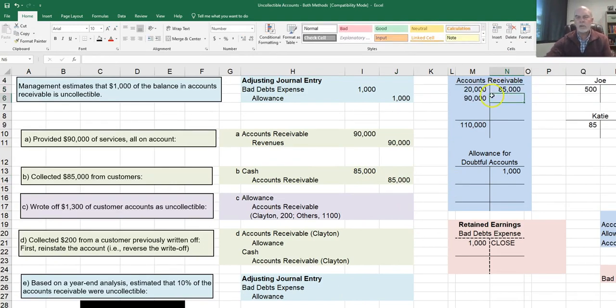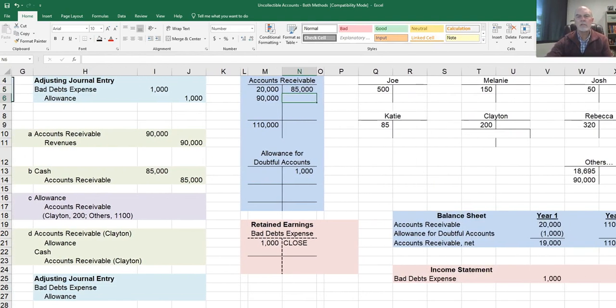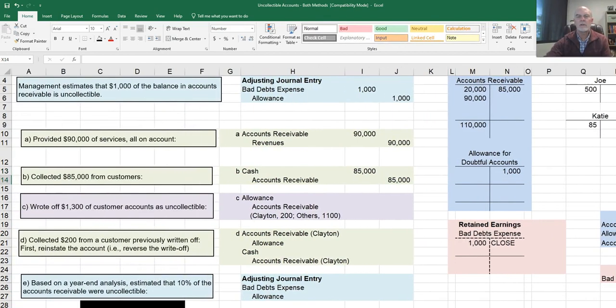And of course, anytime we credit accounts receivable, we have to credit individual customers, and I'm going to put that into this other category. So again, anytime you add up all those customer accounts in the subsidiary ledger, it should add up to whatever's in this account here. Let me set this up just a second. Okay, so I've got the accounts receivable updating as we put entries into it.